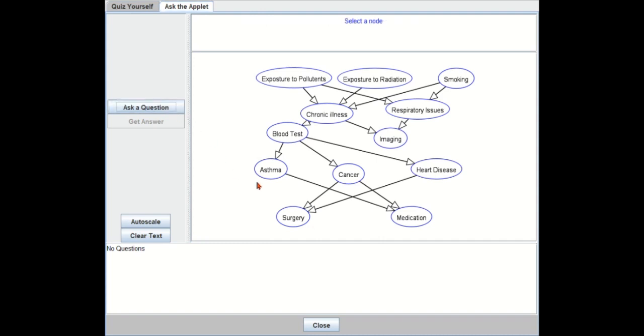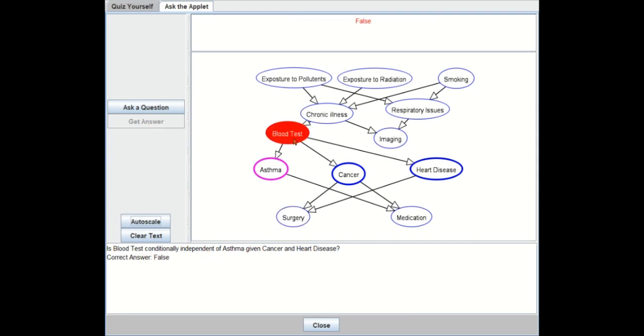So first click ask a question, and suppose I want to query about blood test, asthma, cancer, and heart disease. So we have chosen these four nodes. The question it is giving is, is blood test conditionally independent of asthma given cancer and heart disease? The get answer says false.